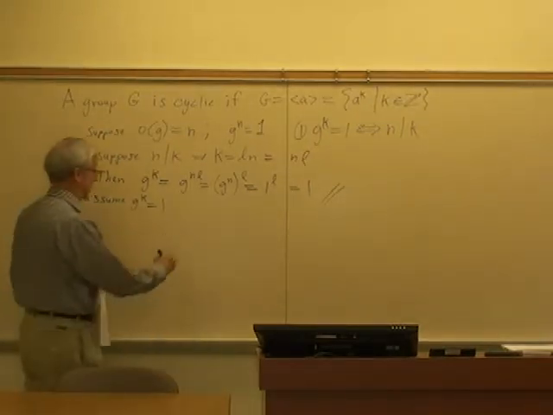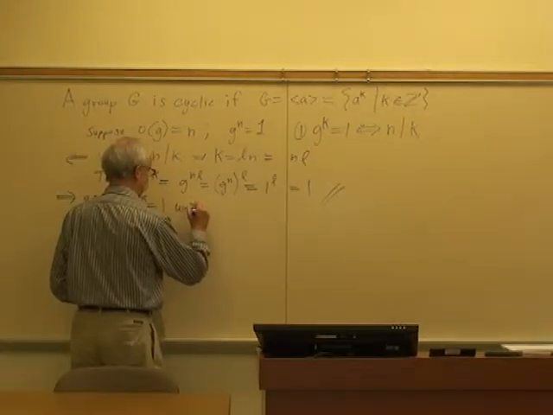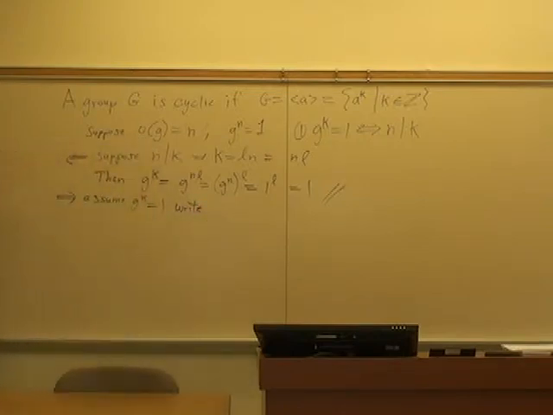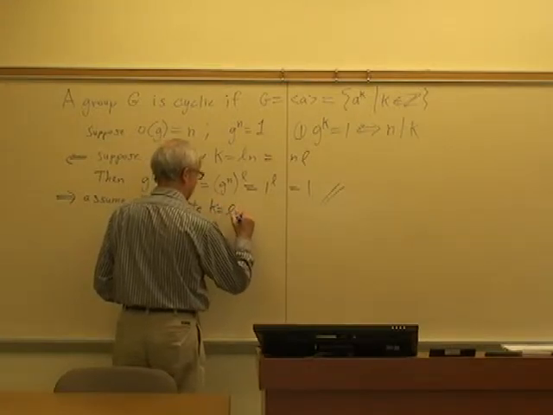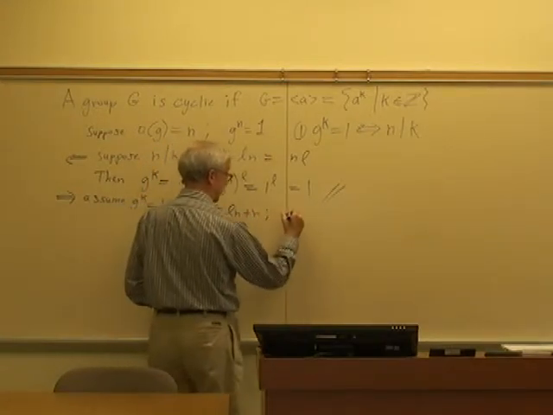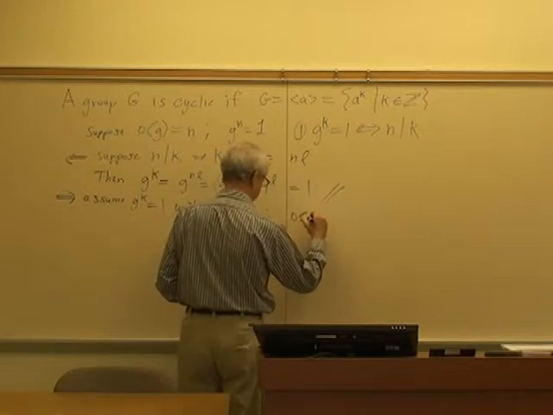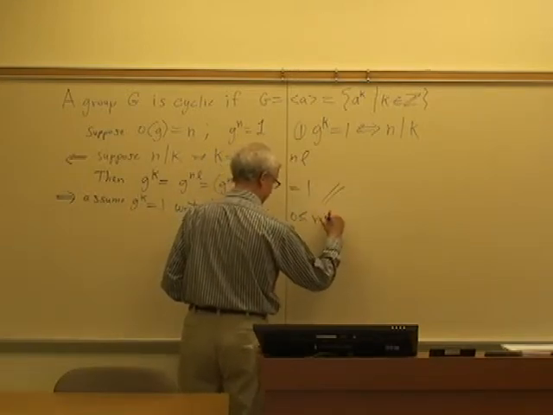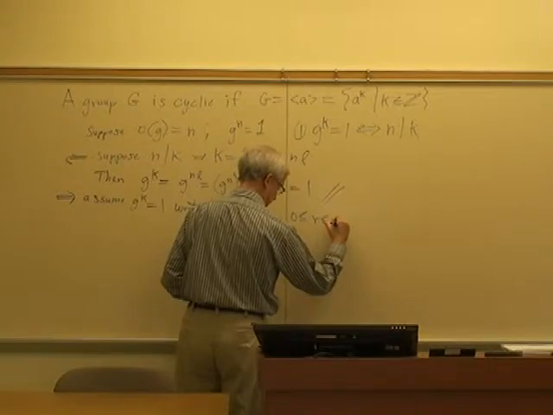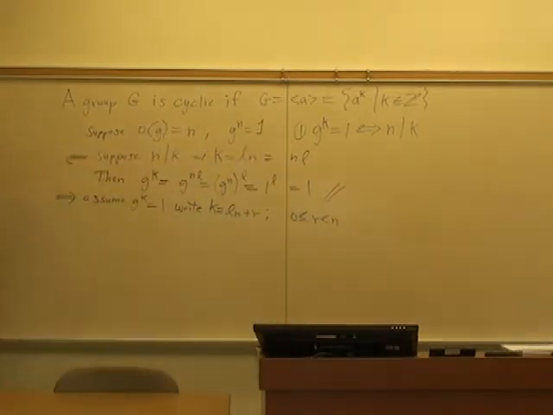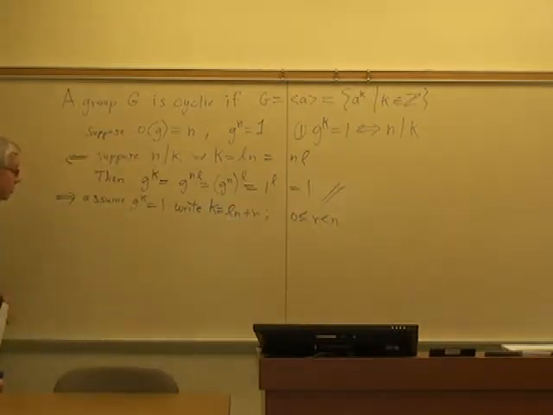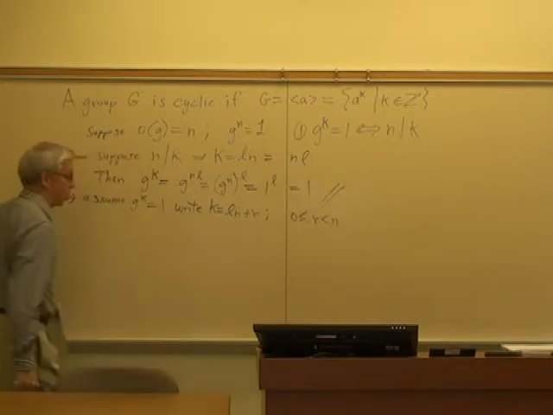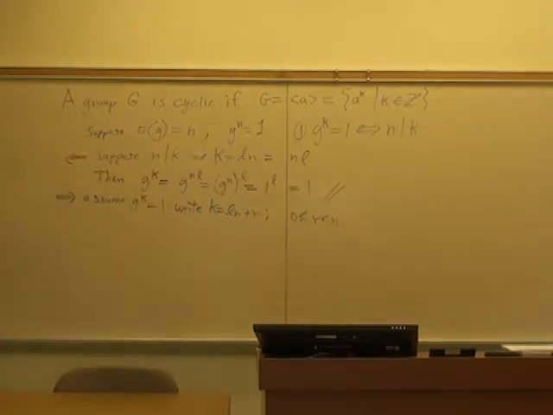And then we write, using the fact that integer division always works, remember, these exponents are integers, I can write k as some multiple of n plus a remainder where the remainder is strictly less than n. Because if the remainder was n, I could increment L by 1, right? I keep going until I get a remainder that's smaller than my divisor. That's the division algorithm.